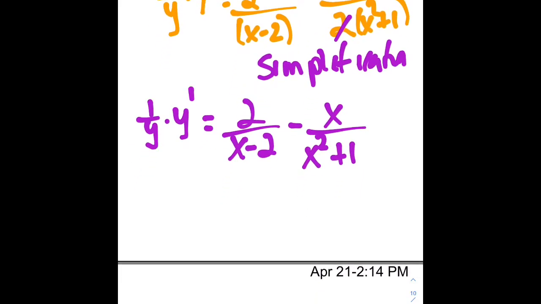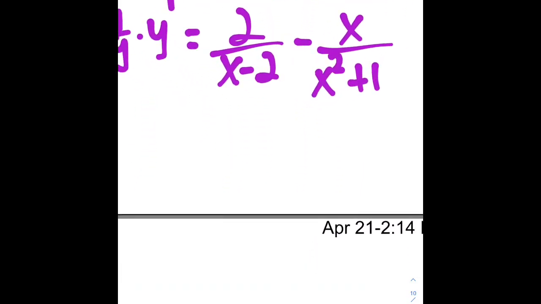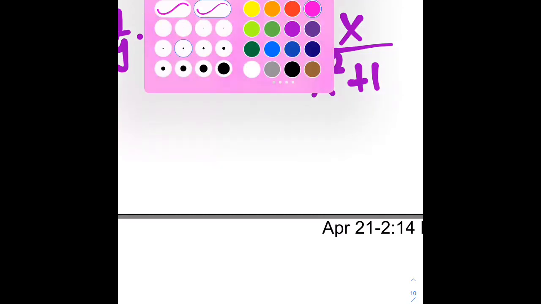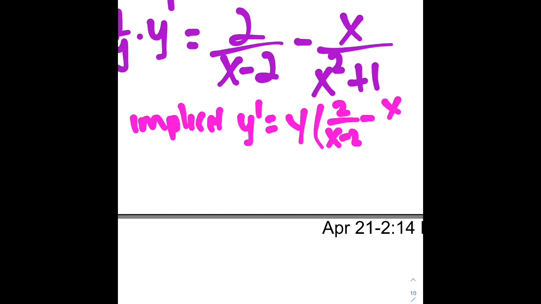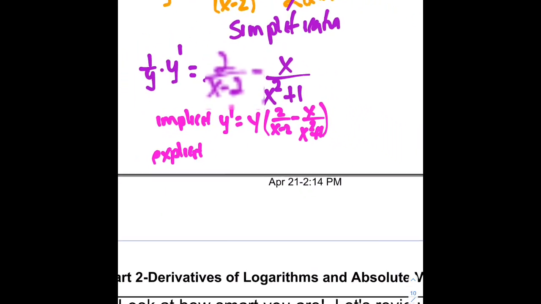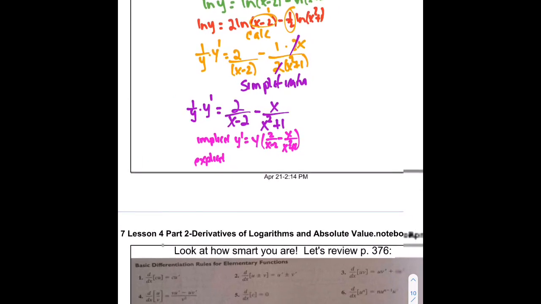I'm not going to get into too much algebra, but if I wanted just the implicit form of this derivative, it is just y times 2 over x minus 2 minus x over x squared plus 1.